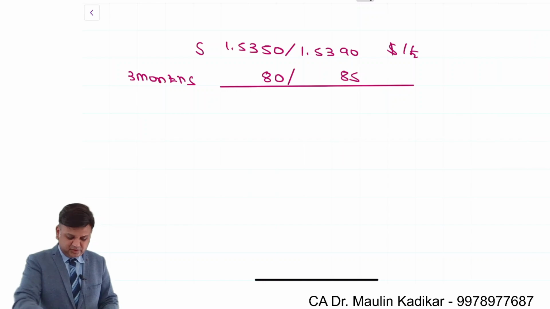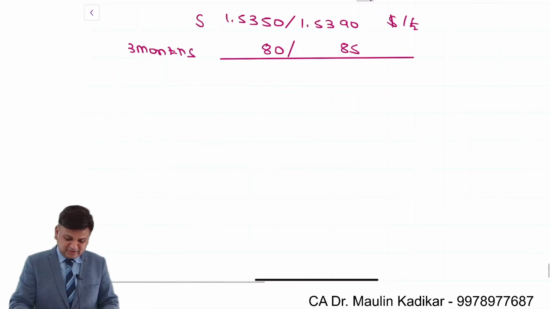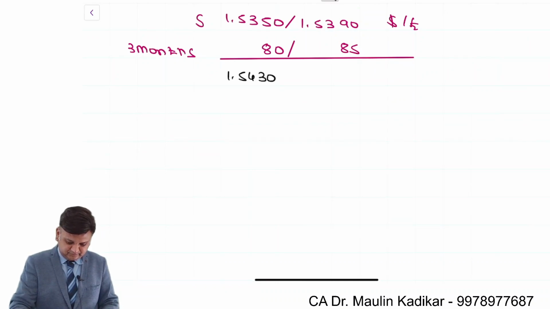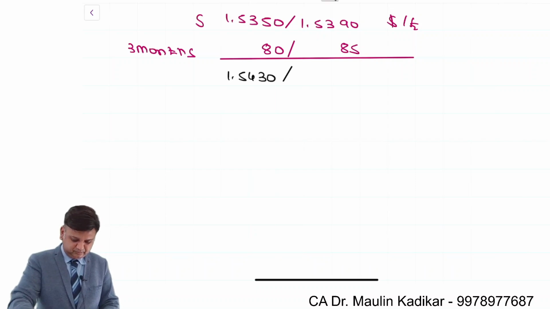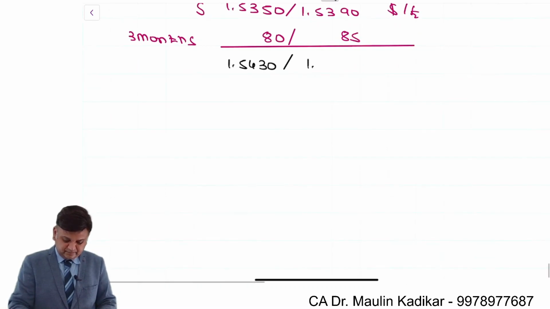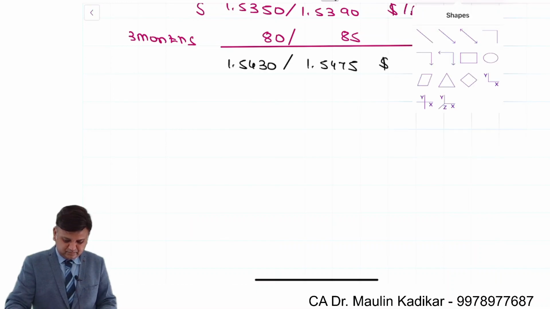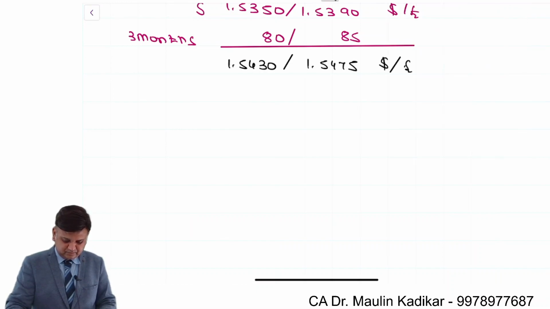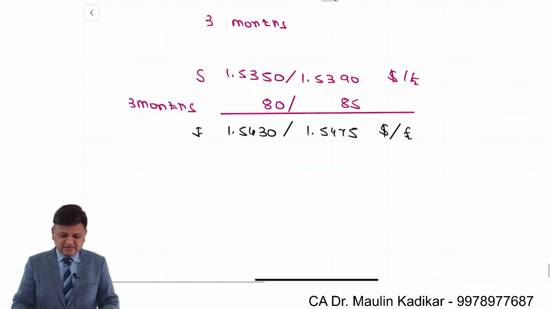So 1.5430 slash 1.5475. This is the forward exchange rate.